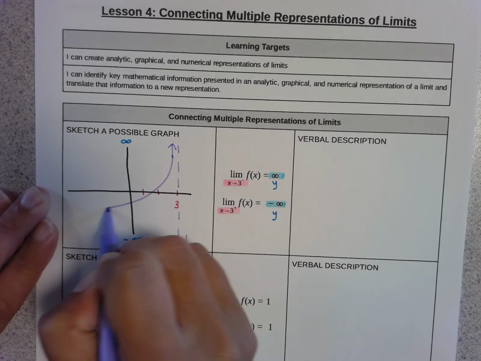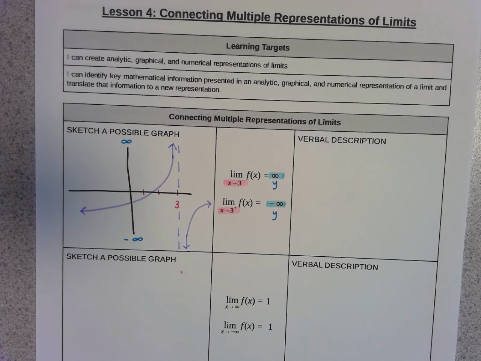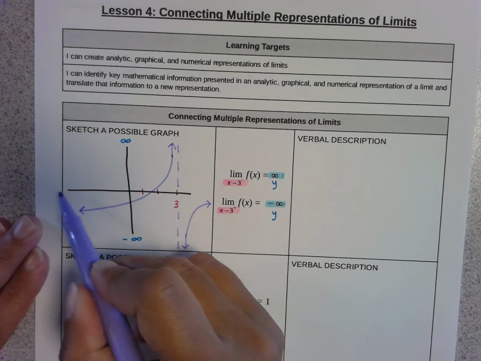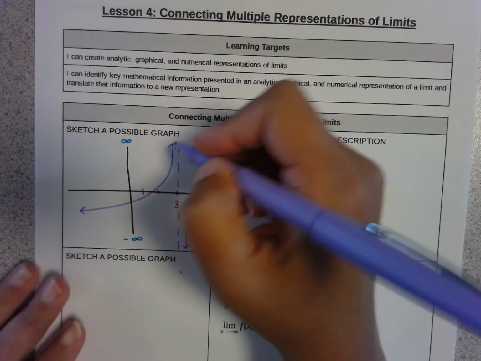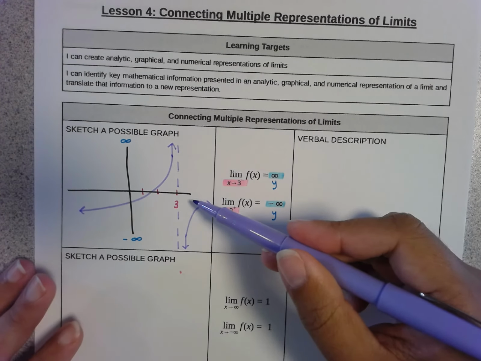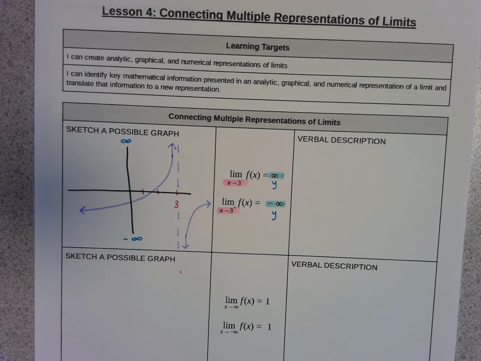So I could make this side go like this, and I could make this side go like this. It doesn't really matter. You could draw crazy shapes. You could make this graph go down and have a bunch of curves in it. You just have to make sure that these two limits are still correct as they correspond to this graph. Now, this should help you understand that the graph needs to have a vertical asymptote.